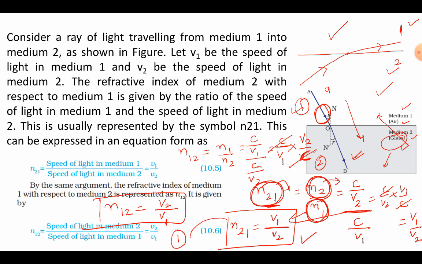Let this be equation 1 and let this be equation 2. If you carefully see, the refractive index of 2 with respect to 1 is nothing but the reciprocal of 1 with respect to 2. So this gives us one last formula: the refractive index of the second medium with respect to 1 is the reciprocal of 1 with respect to 2.